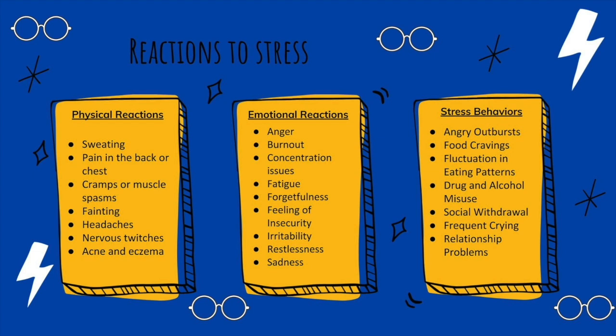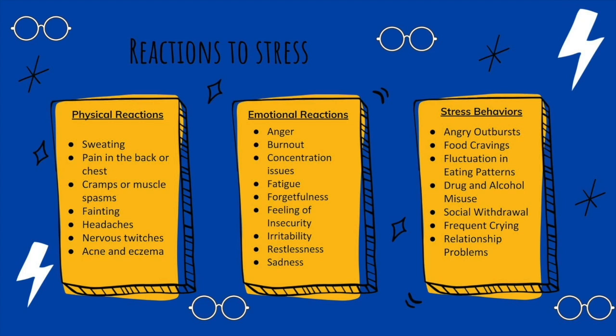In this slide, we look at our body's reaction to stress. In terms of physical reactions, symptoms such as sweating, pain in the back and chest, cramps or muscle spasms, fainting, headaches, nervous twitches, and acne are all common physical reactions to stress.